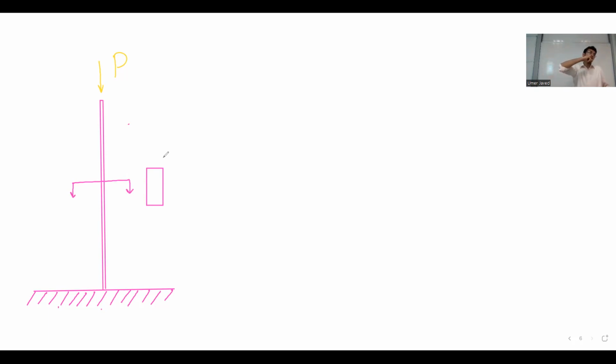Let's make it 5 millimeter by 10 millimeter. It definitely will buckle very quickly. I'm doing my best so that it buckles easily. If it doesn't, then it's just bad luck. Now let's say the length is 4 meter.